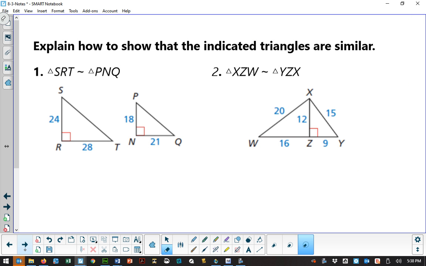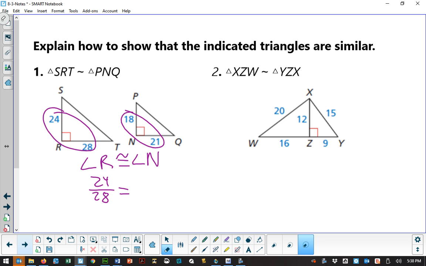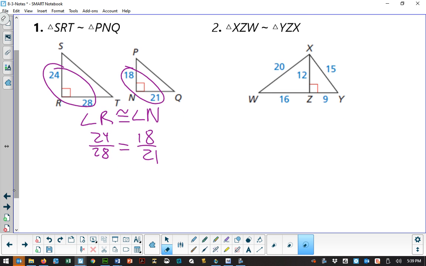Okay? So we look at these guys here. Do we have a congruent angle? Yep, we do. Angle R is congruent to angle N. Are the sides proportional? Is 24 over 28 equal to 18 over 21? Well, one nice way to do this, you could cross multiply, but we could simplify the fraction. That's probably the easiest way to do it here.